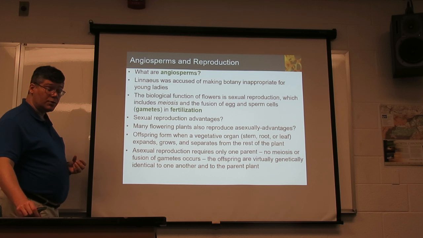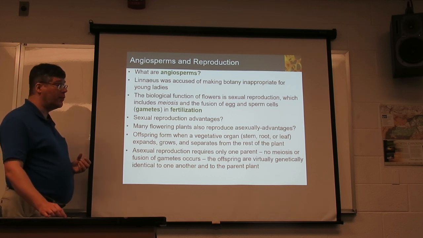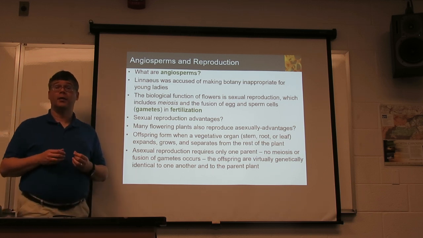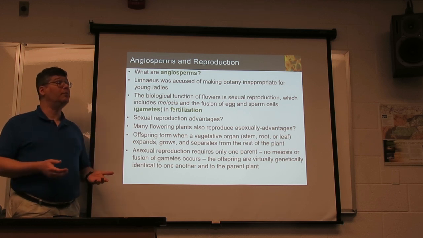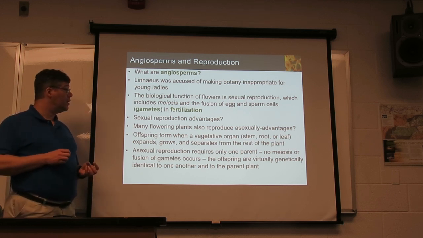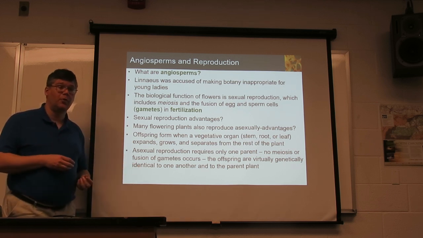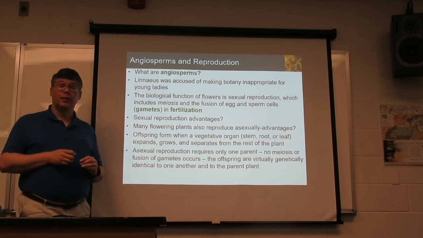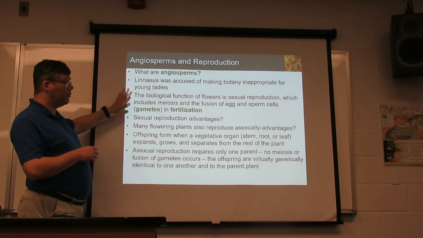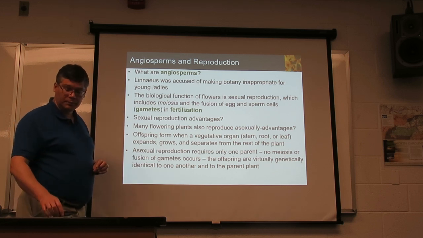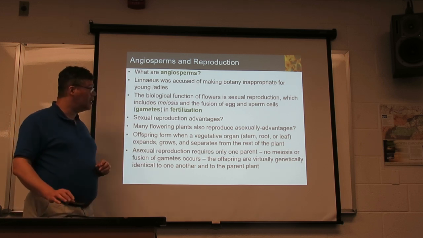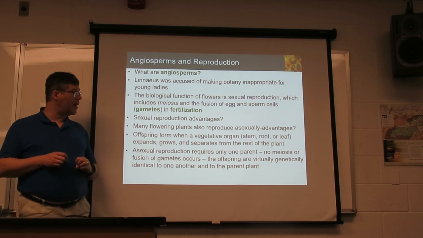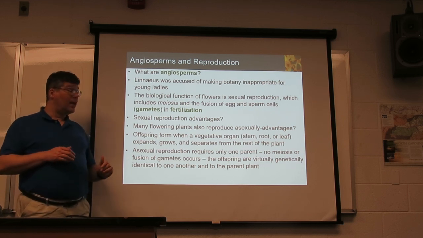Plants are capable of asexual reproduction. Many have ways that they commonly do it, others somewhat less commonly, but it's possible for it to happen. With asexual reproduction, one, you don't have to worry about getting pollen from somebody else. You can just reproduce without any help.